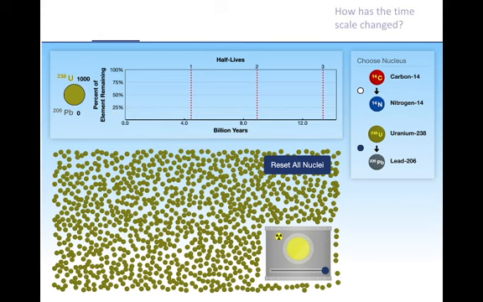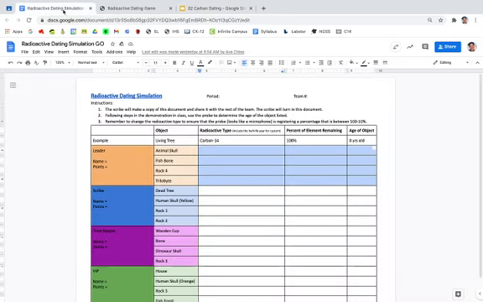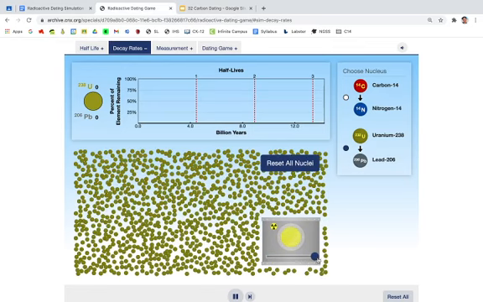Okay, so let's play our simulation. It's very similar to the carbon simulation. Okay, so I want the maximum number of nuclei.